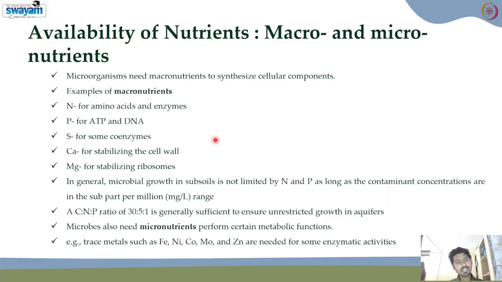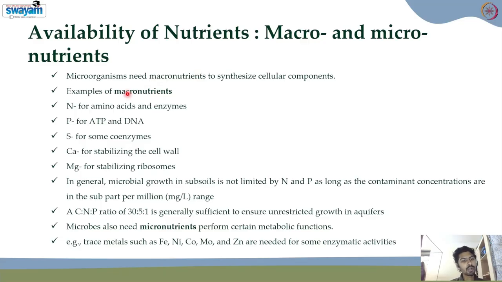The term itself gives an idea that the macronutrients are required in large quantity. Why are they required in a large quantity? Because they help as building blocks to constitute the cells and enzymes. That is why they are required in bulk quantity.